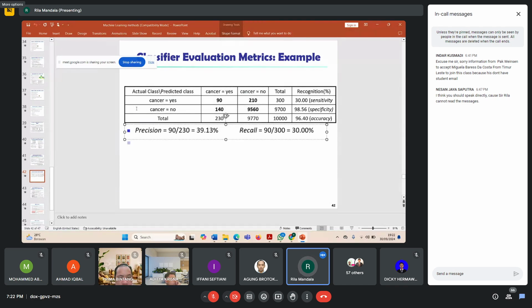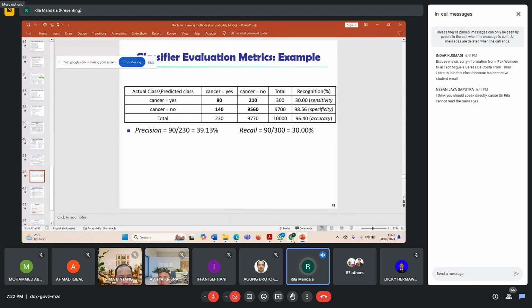The real answers, the ideal, the actual: 300, the actual number of humans that got cancer, and 9,700 people who actually don't get cancer.